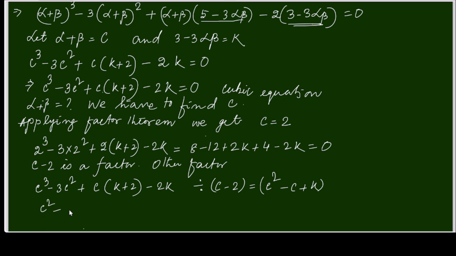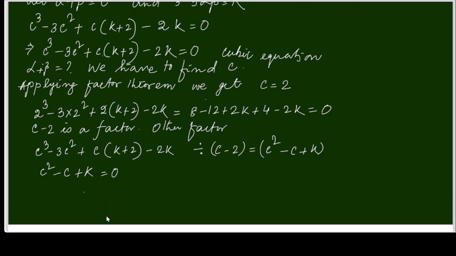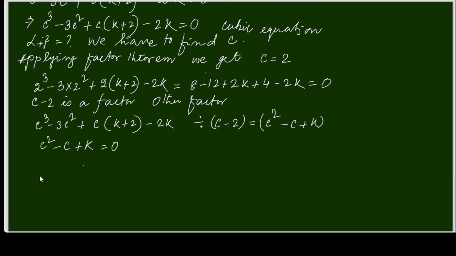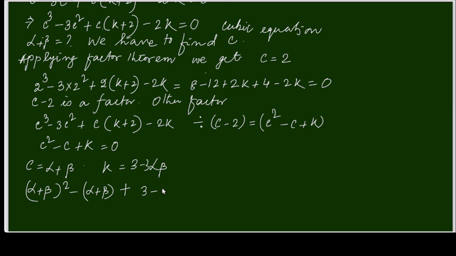So making C square minus C plus K equals 0, we won't get any real solutions, because C is your alpha plus beta and K equals 3 minus 3 alpha beta. So we'll put here alpha plus beta square minus alpha plus beta plus 3 minus 3 alpha beta equals 0.